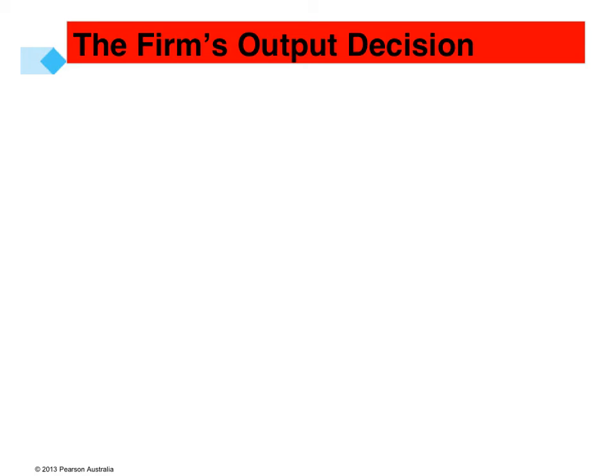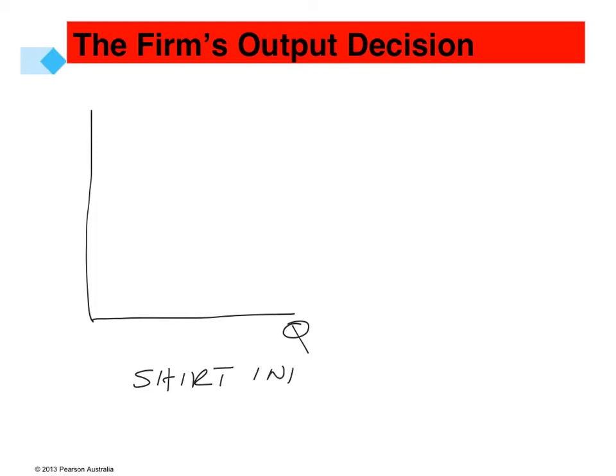So let's depict that in a diagram to see how the firm actually behaves. So this is the industry, the shirt industry. This is our demand curve. This is our supply curve.